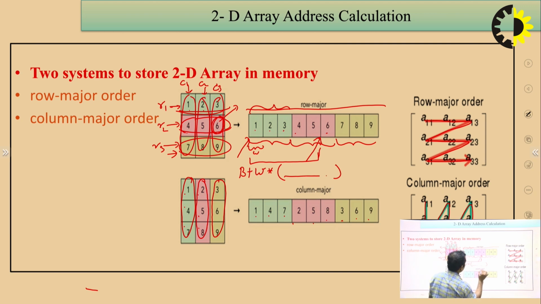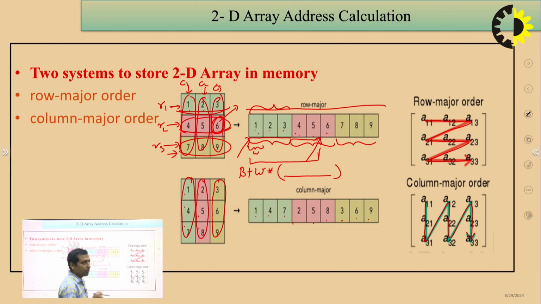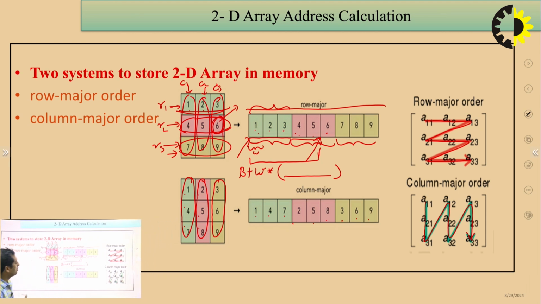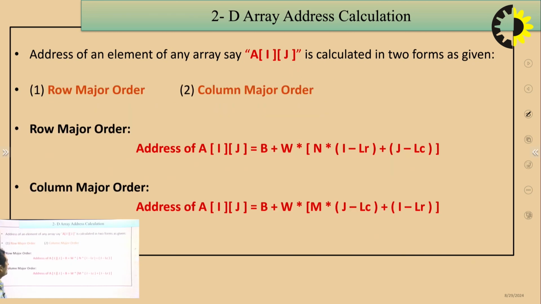So count the number of elements before this one. One row has 3 elements, and 3 plus 2 is 5 elements here. In this manner the formula is derived. Now come to the formula, see this one.